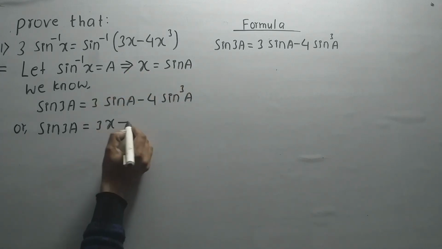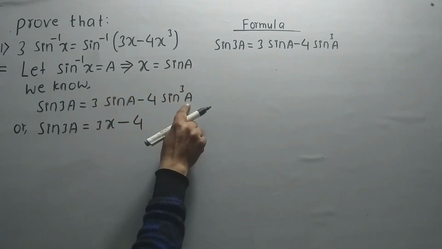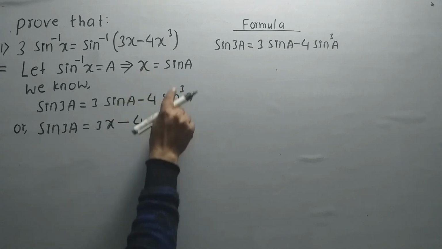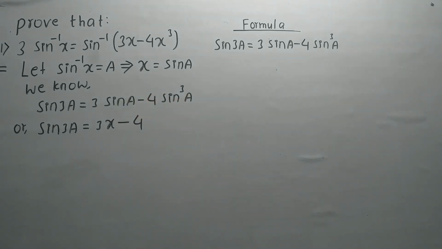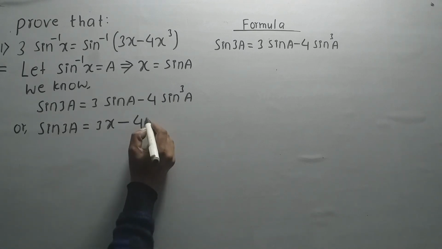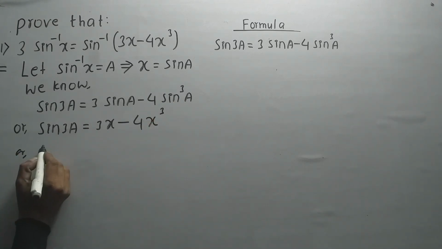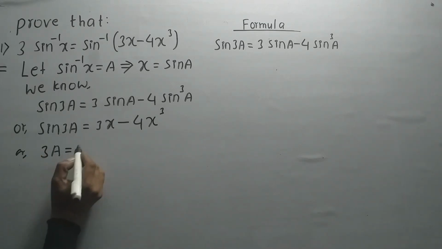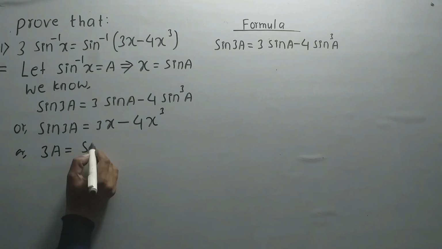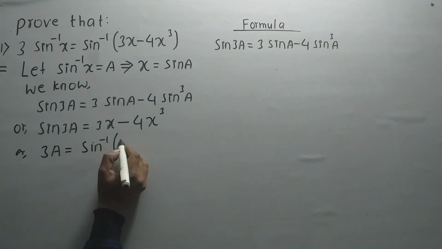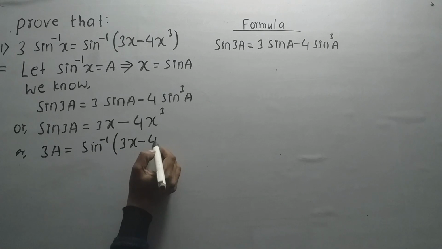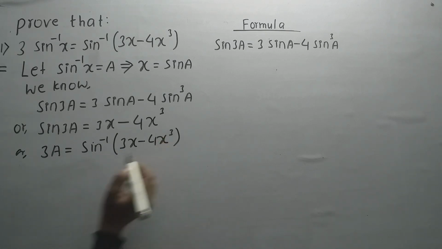So write 3x minus 4 x cube. Now write the 3a on the left hand side as it is, and taking sine to the right hand side, you can write sine inverse of 3x minus 4x cube.